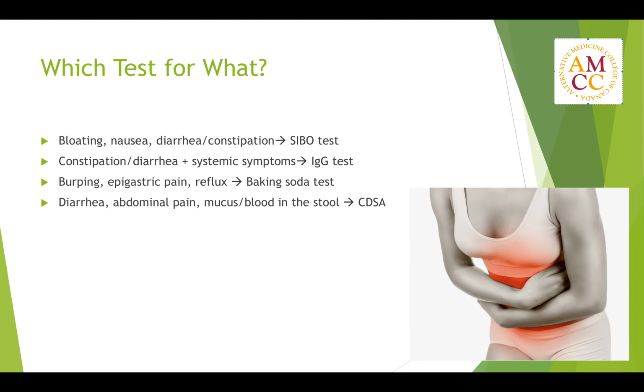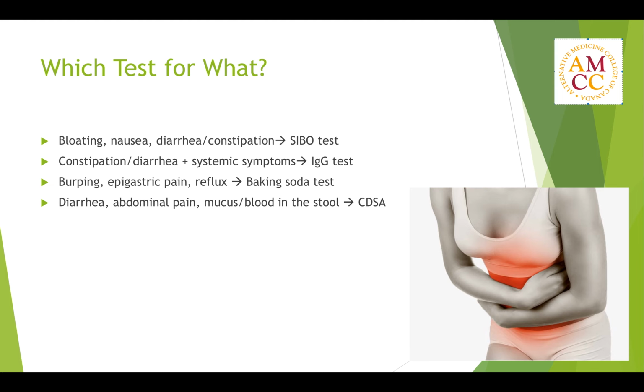If the person seems to have more gastric-centered symptoms, like a lot of burping, maybe a feeling of burning or acidity in the epigastric solar plexus area, we might choose the very crude baking soda test. If the changes seem more centered around the lower abdominal sphere, with diarrhea, abdominal pain, mucus, or traces of blood in the stool, we'd run the CDSA.